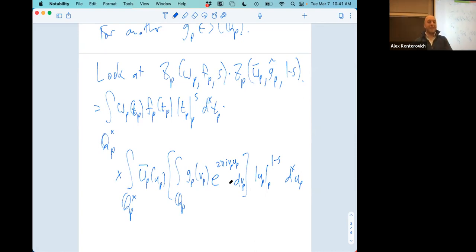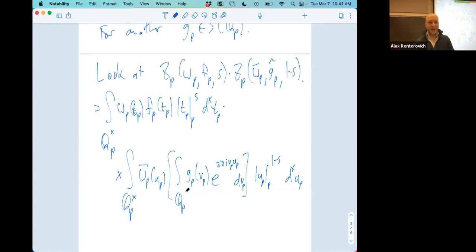Now, the point 0 has measure 0 in this integral. This is the additive Haar measure. It gives size p to the minus n to p to the n Z_p. The intersection of all those p to the n Z_p is 0.